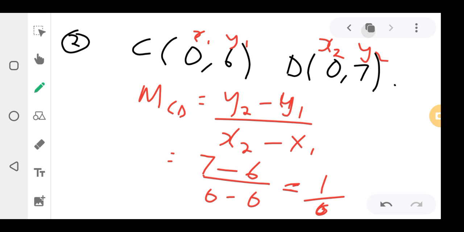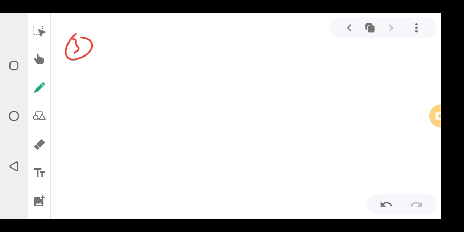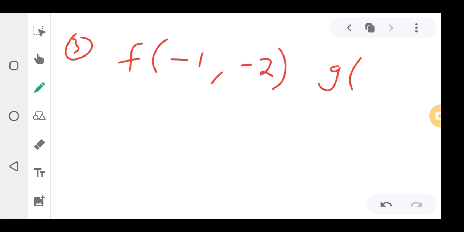Same thing when it's another question, they can say the gradient of F, which is (negative 1, negative 2), and G, which is (2, negative 3).